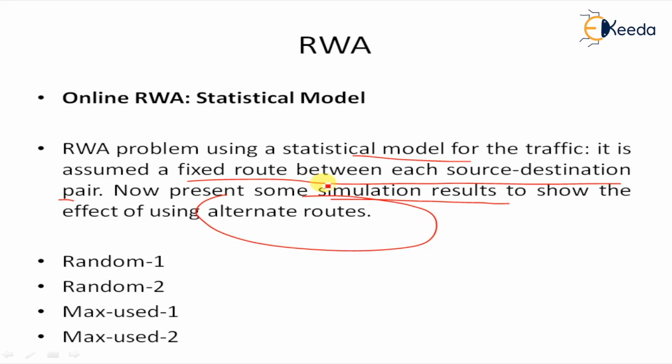Among the available wavelengths on the first shortest path between the two nodes, choose the one that is used the most number of times in the network at that point in time. If no such wavelength is available, choose the one that is used the most number of times on the second shortest path.